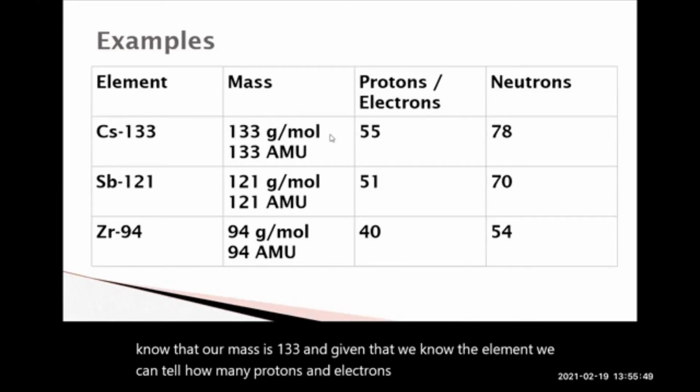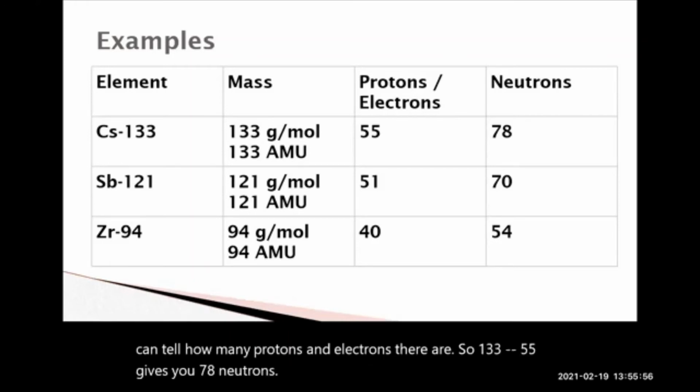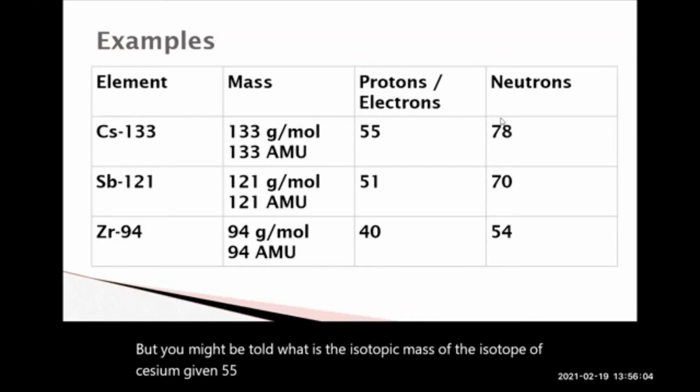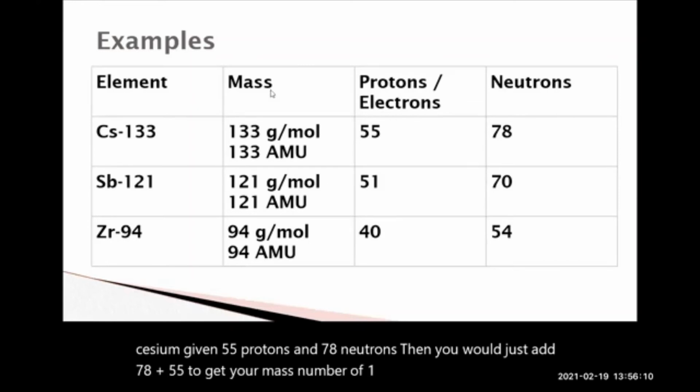So 133 minus 55 gives you 78 neutrons. But you might be told, what is the isotopic mass of the isotope of cesium given 55 protons and 78 neutrons? Then you would just add 78 plus 55 to get your mass number of 133.